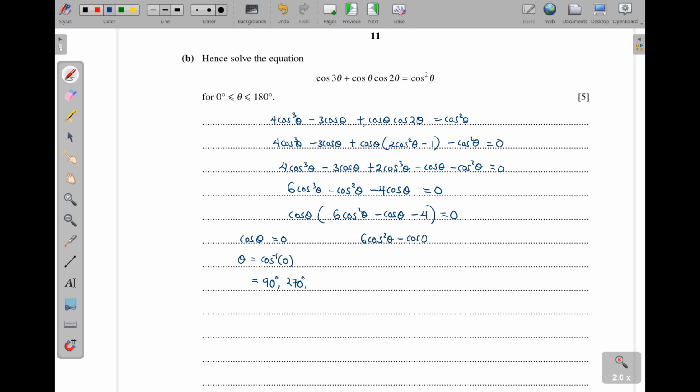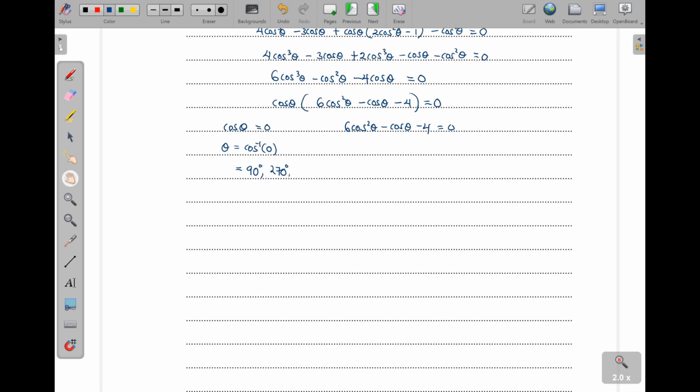Okay, so you substitute in the quadratic formula, at least put one step, and you say that cosine of theta is equal to minus b, then plus or minus the root of b squared, then minus 4ac, then you divide by 2a.